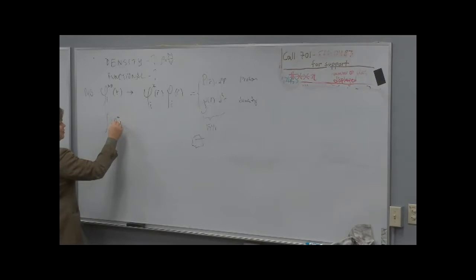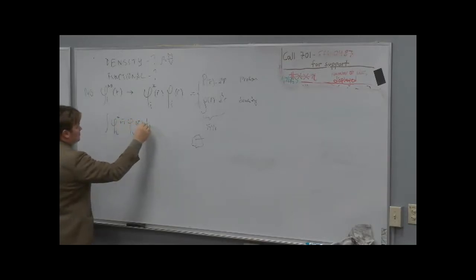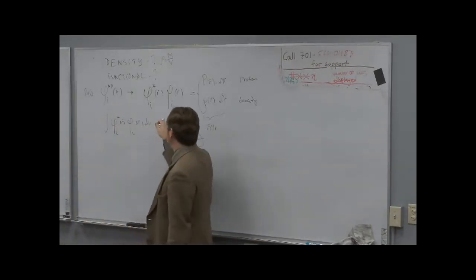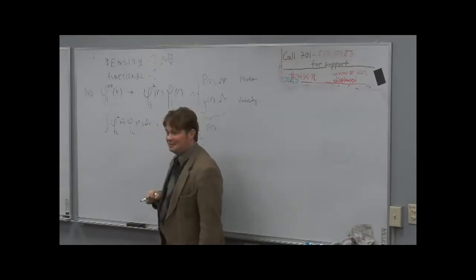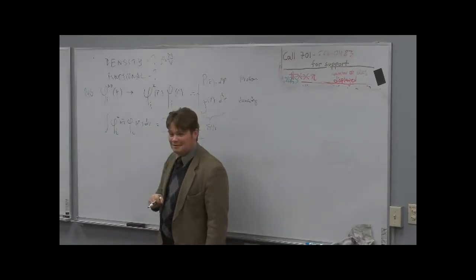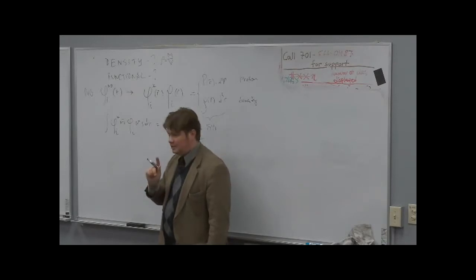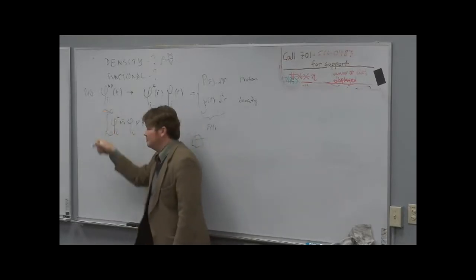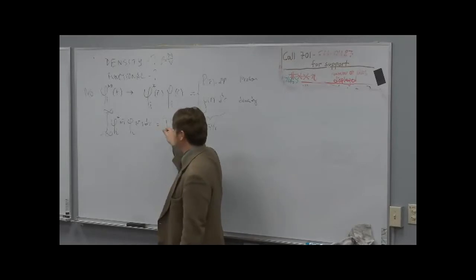Suppose that our molecular orbitals are good orbitals. What should we write here? The orbital conjugated, multiplied by itself, and integrated over the whole space. One. Yes, because it is normalized.